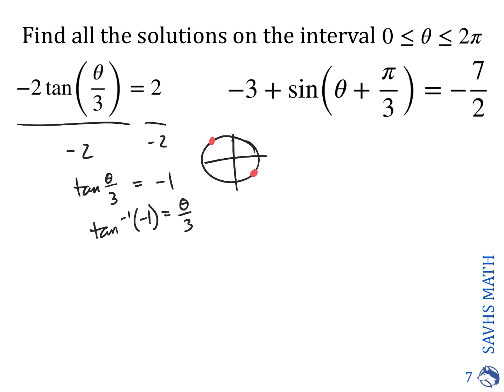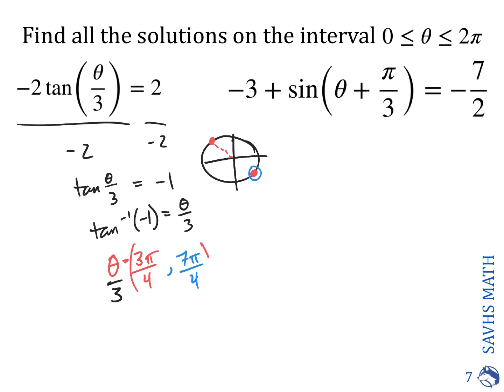Okay, so the places where that is, this is 3 pi over 4. And this is 7 pi over 4. But if we are trying to say theta over 3 is equal to that, then we need to multiply both by 3.